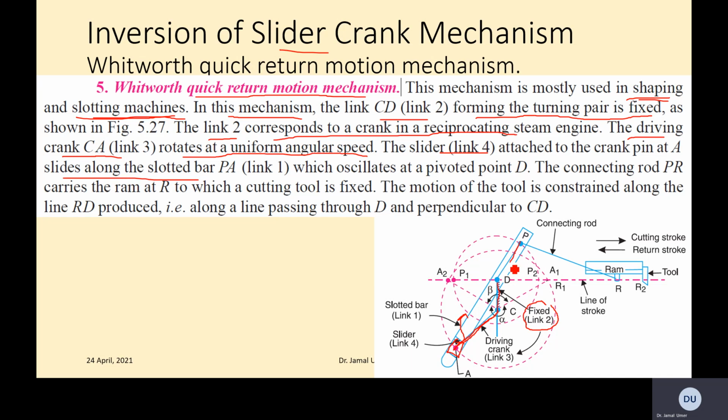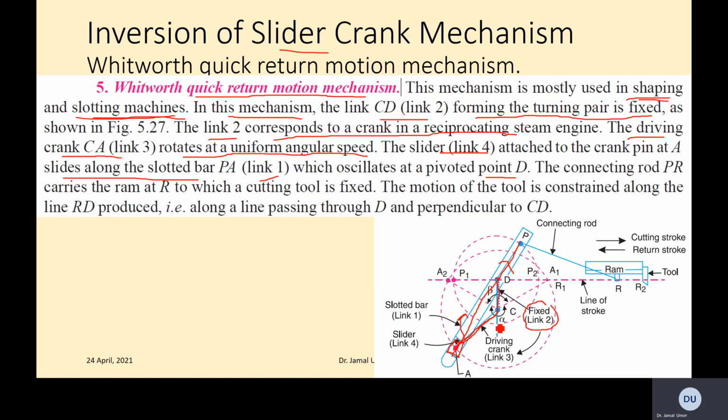So we got this bar, and the slider is just sliding across this link 1, which oscillates about the pivot point D.